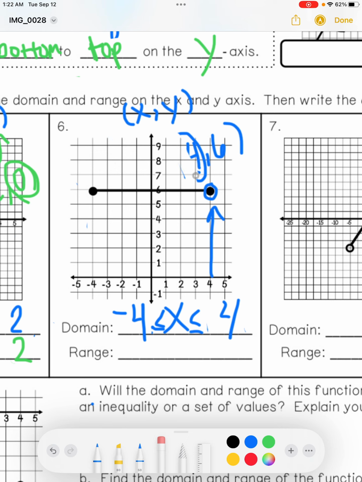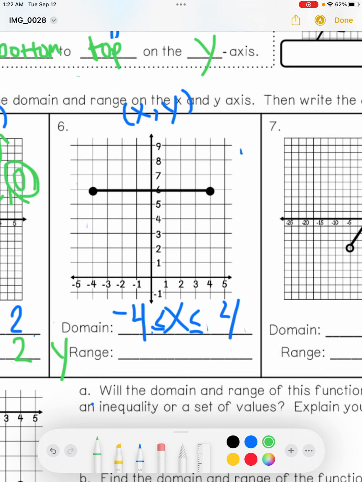Well, range uses what kind of value? It's going to use y values. Right? We want y values. And y values go up and down. But if we look at our graph, do we really move up or down? Not really, right? The bottom point is kind of the same as our top point.